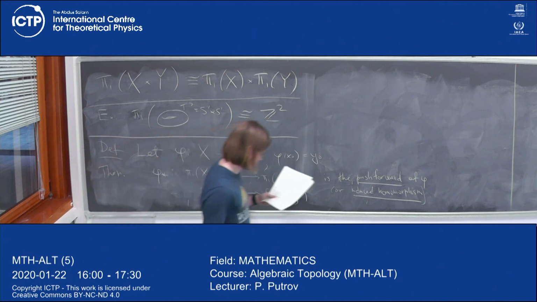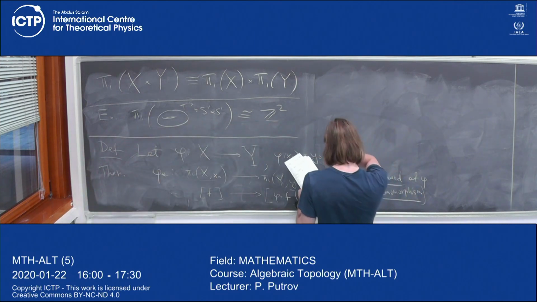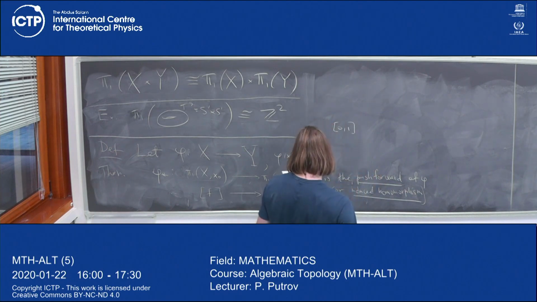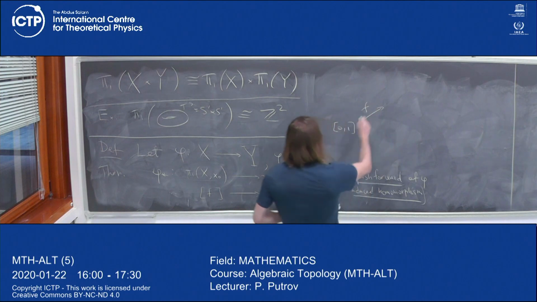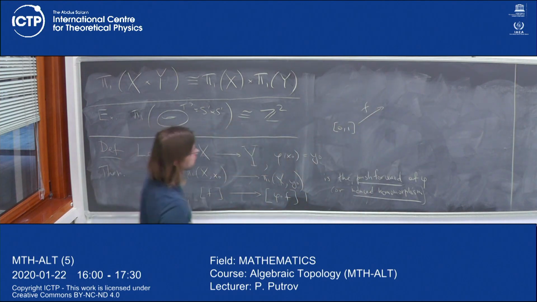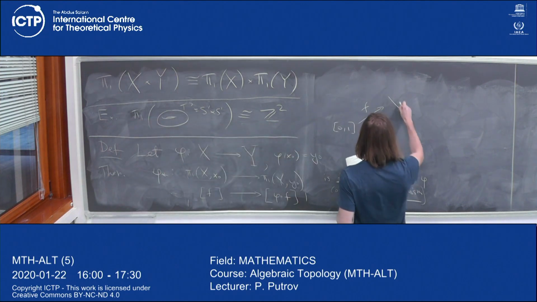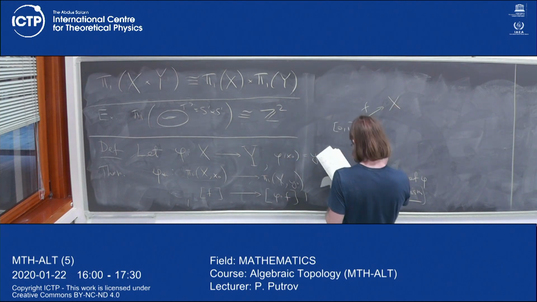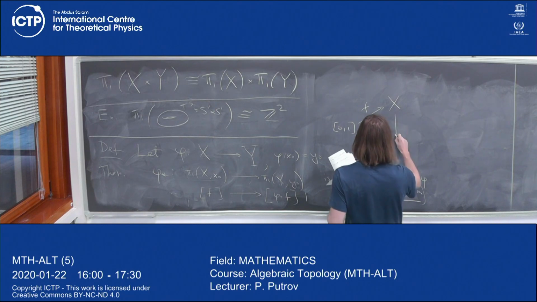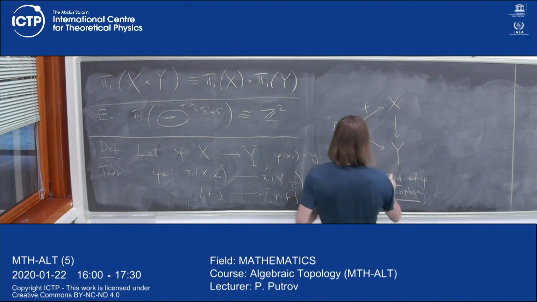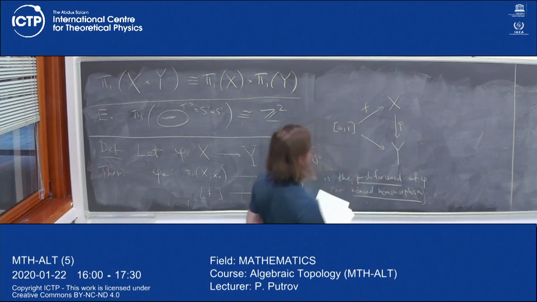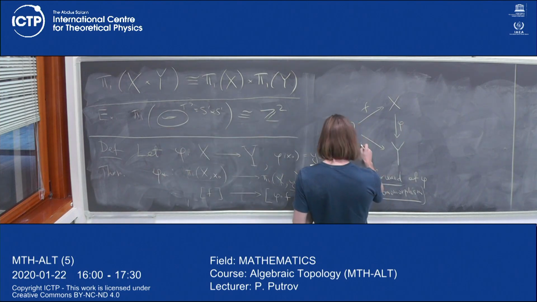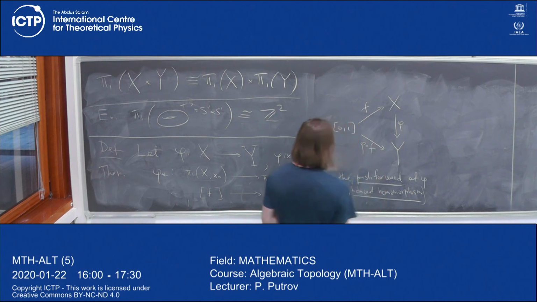So why is it a push forward? Diagrammatically one can say the following thing. So we have a map phi. The path can be understood as a map from the unit interval to X, and so there is the following commutative diagram. We can compose it with the map phi from X to Y, or we can go directly here by composing.